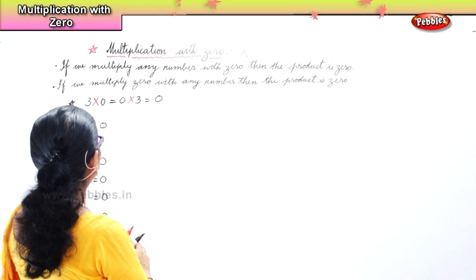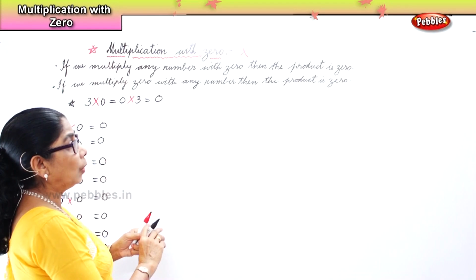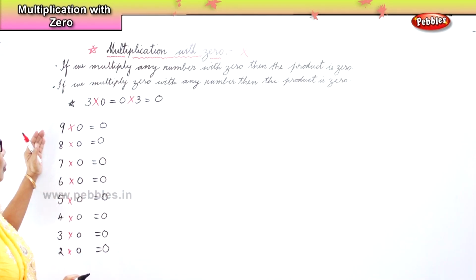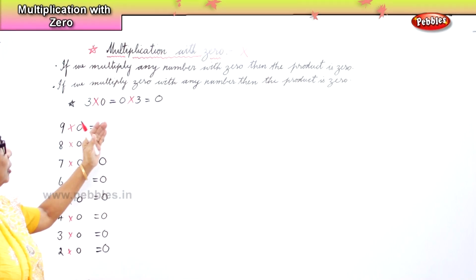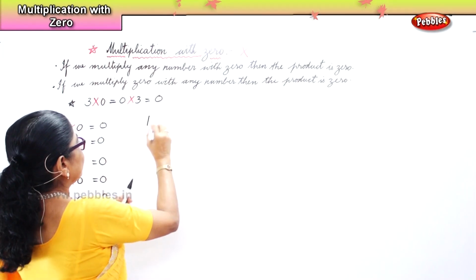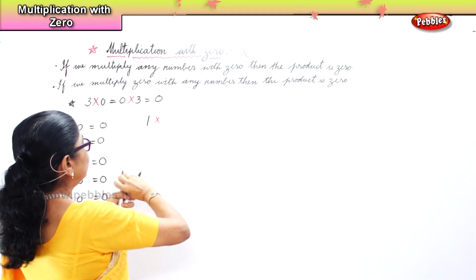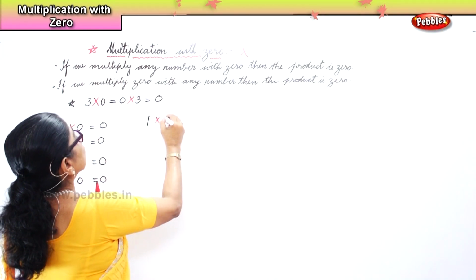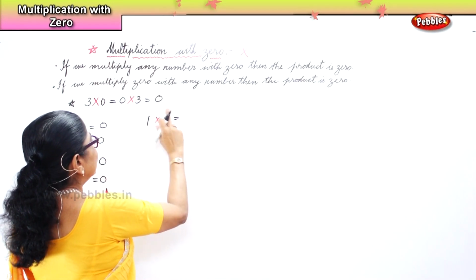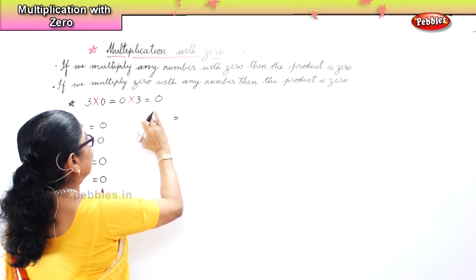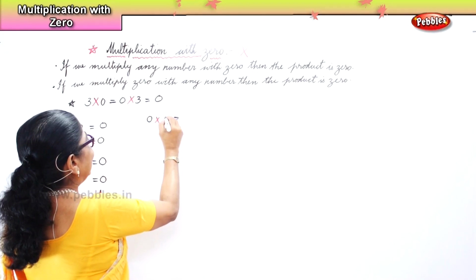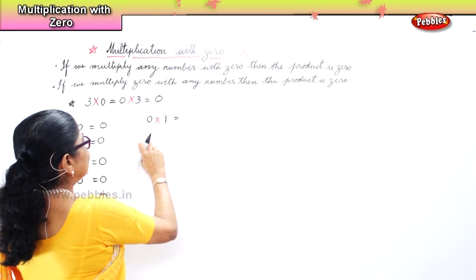Now, let's take two-digit numbers. Now, what happens in that case? So, any number multiplied by 0 is 0. Now, if I say 1 into 0 is also 0, or 0 into 1, reverse. If you multiply 0 with any number, you get the product 0.